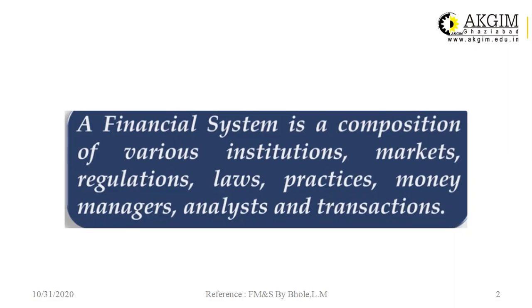In simple words, we can say the financial system allocates savings efficiently in an economy to ultimate users either for investment in real assets or for consumption. It facilitates the flow of funds from the area of surplus to the area of deficit. It is concerned with money, credit, and finance.